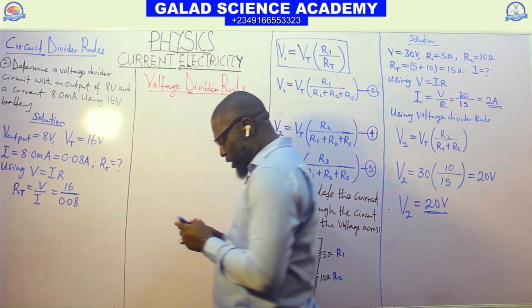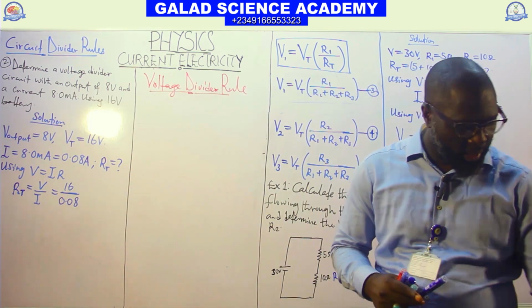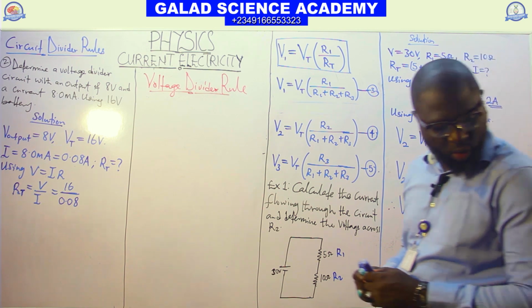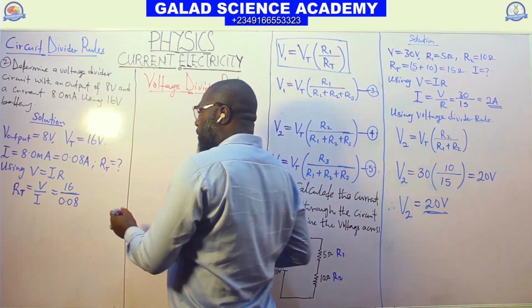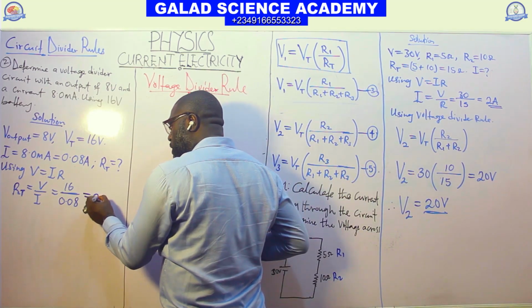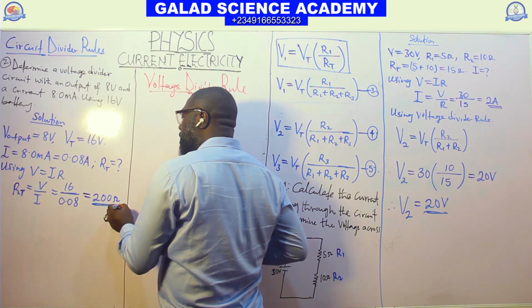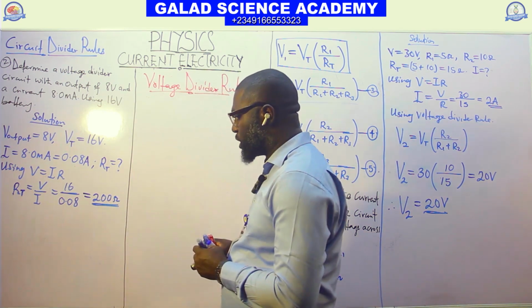So let me find the resistor by dividing 16 by 0.08 to give us 200. So here we have 200 ohms as the total resistor.